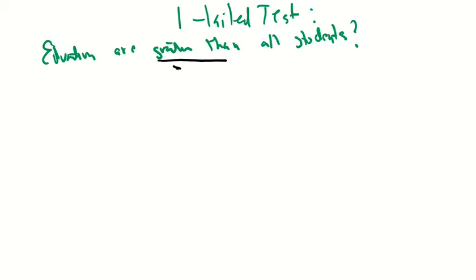And we know if it's a one-tailed test, it means that it's on the positive side of the number line, right? So everything is the same. We follow the same steps.